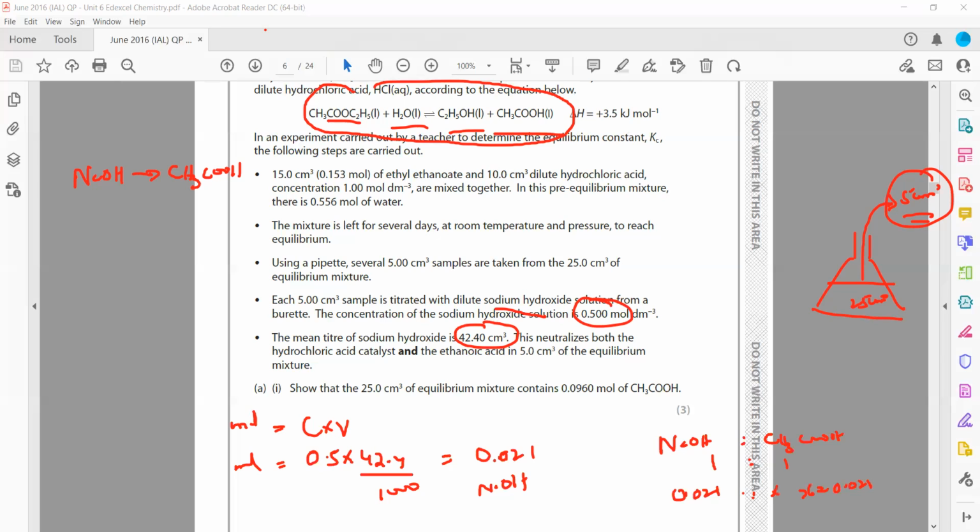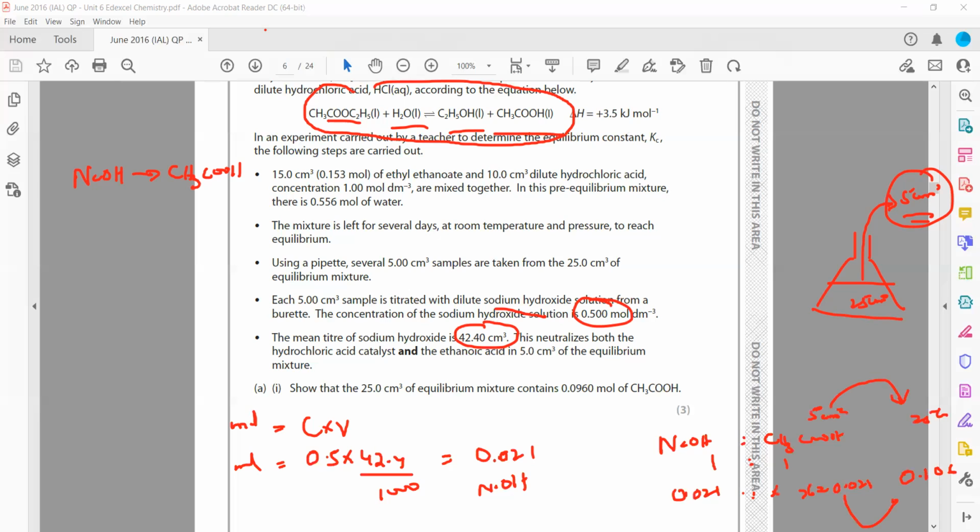But that 0.021 is in 5 cm cube. We want it in 25 cm cube. So the volume is larger, so the moles will also become larger, which are 0.106. So these are the moles.